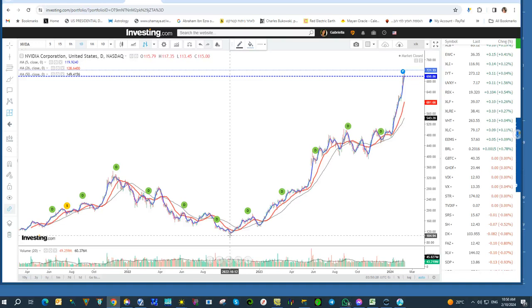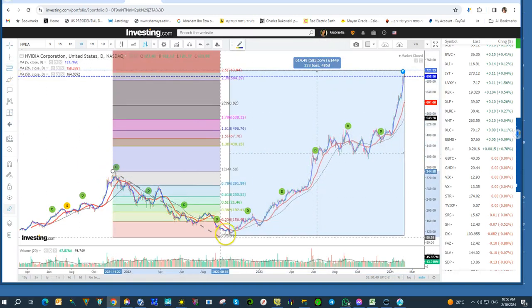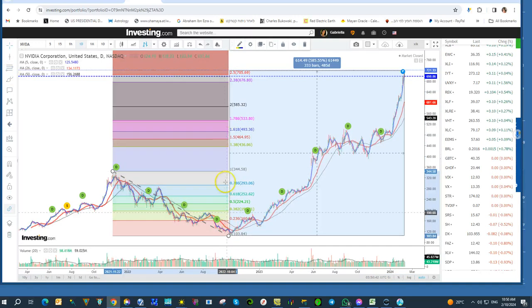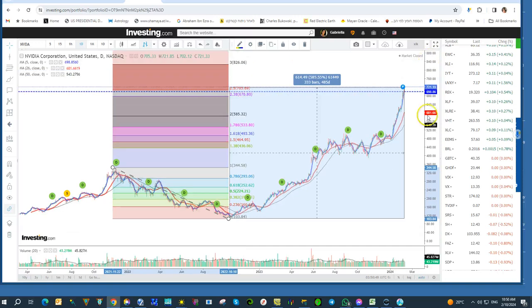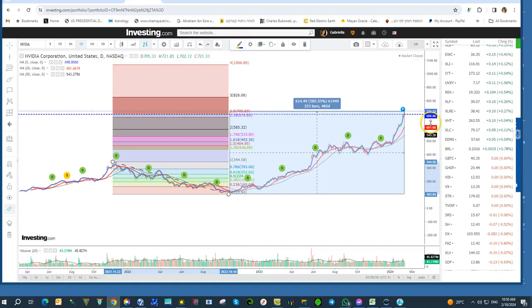October 12 was the last low, not 26 as the other shares. It went up by 585%. And if I take the former top and draw the Fibonacci level on it, then 705 is the stop and it can go to 826 or even higher.